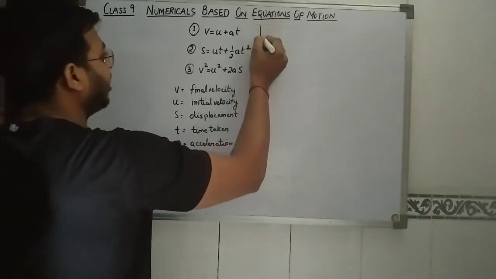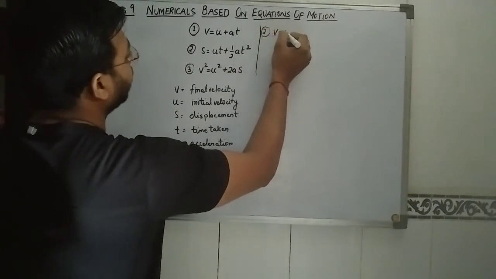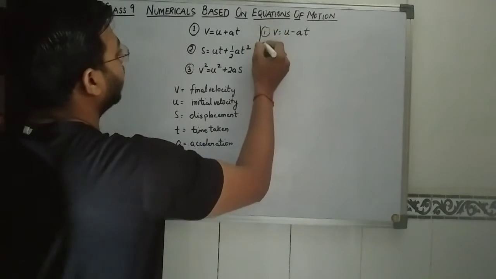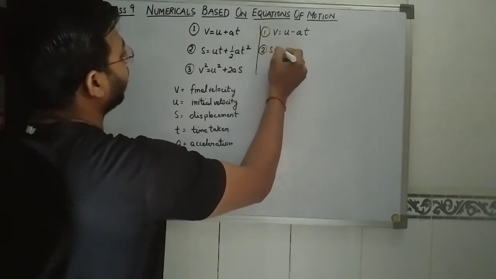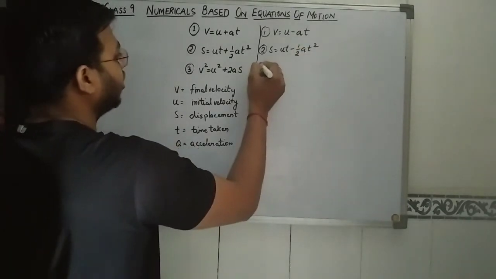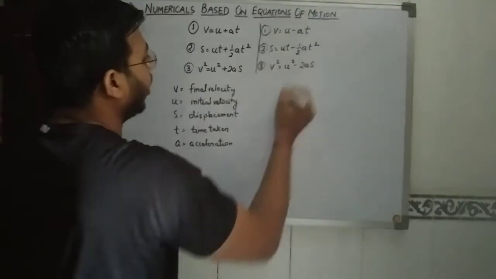If we are forming the same equations for retardation, then the equations will change. V equals U minus AT, first one. The second one will become S equals UT minus half AT square. And the third one will be V square equals U square minus 2AS.